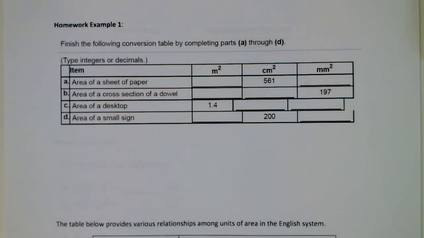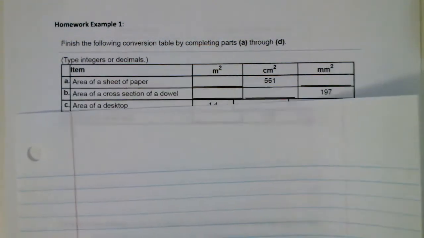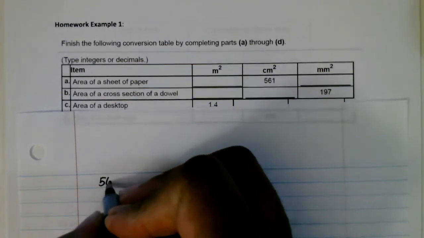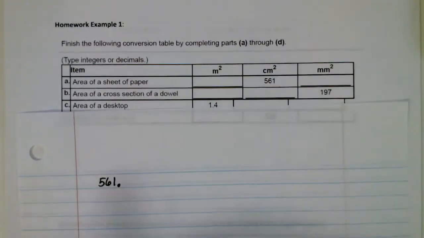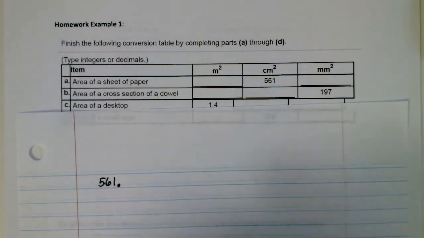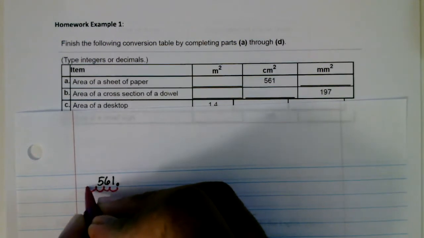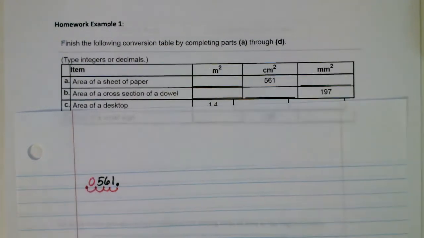So now it's going to be 4 decimal places to the left. In the number 561, the decimal point is behind the 1, so I need to move this decimal point 1, 2, 3, 4 places. It's always 2 times the number of decimal places as you would for linear measure.